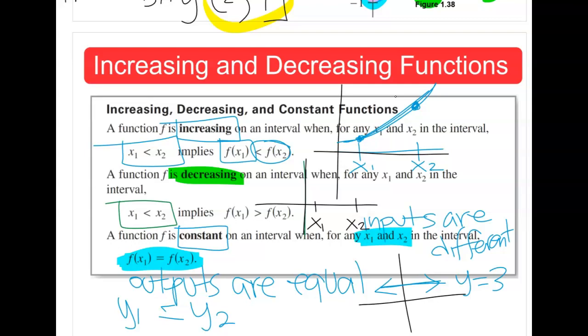But now if we look at the y values, we could have f of x sub 1 up here, and then f of x sub 2 could be down here. Like f of x sub 1 will be bigger, so that will be a behavior of decreasing. So decreasing and increasing and constant.